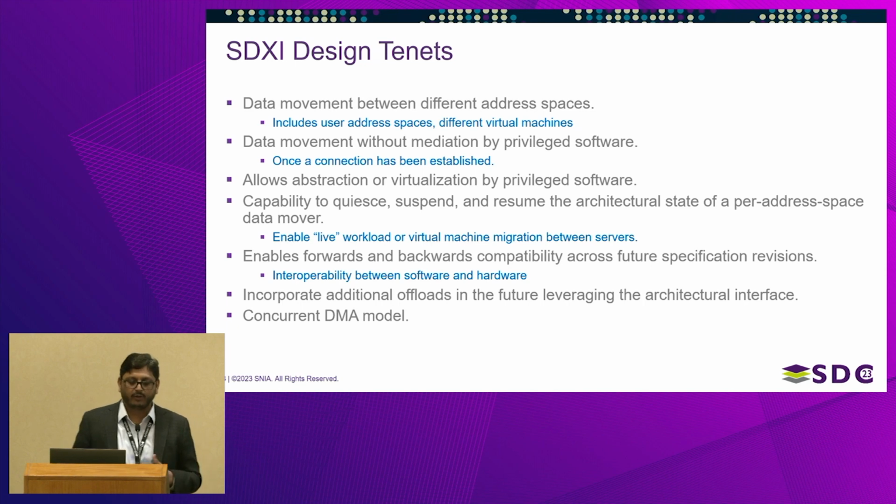We have also tried to look at enabling forwards and backwards compatibility for future versions. And the way the standard is written, you can incorporate additional offloads as you're moving the data. So I'll explain that in a few slides on how we're trying to do that. And it's a concurrent DMA model, which means it's not like if you started one DMA, that's the only thing that the device will do. There are multiple DMAs happening at the same time.